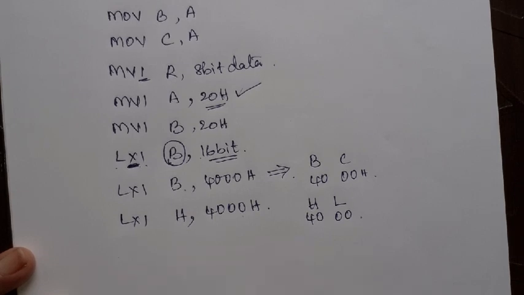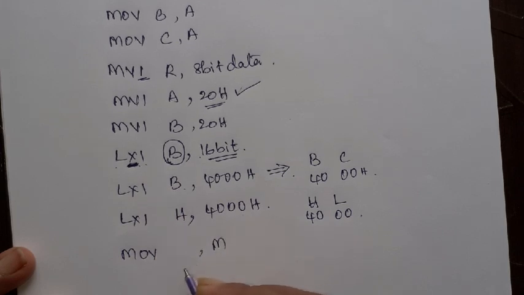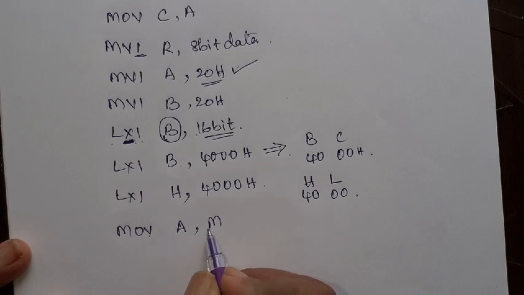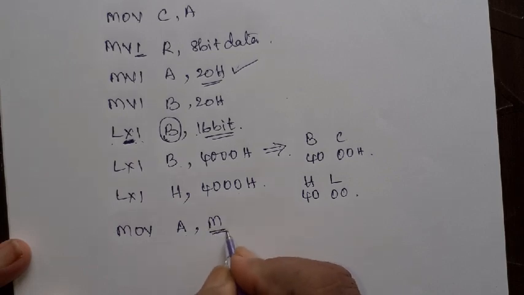One of the special properties of the H register is that the HL pair is used as a memory pointer. So if we have an instruction like move M to A, M to register A or B or C or D. Here M means it is the memory location.